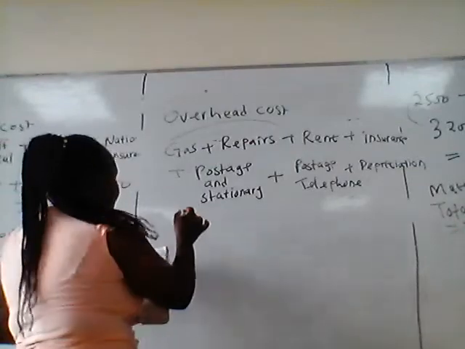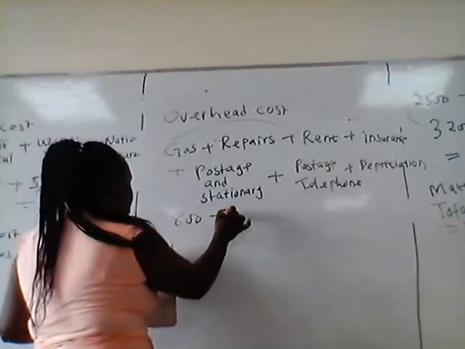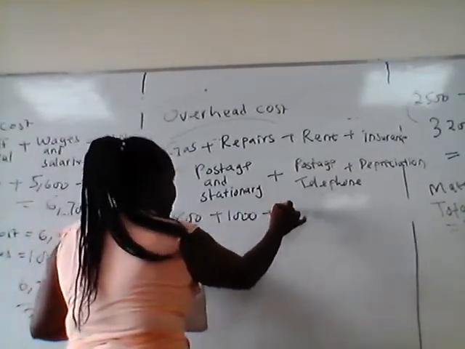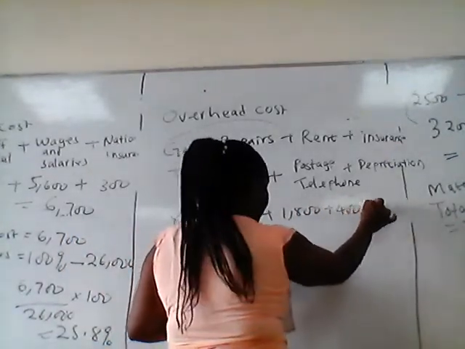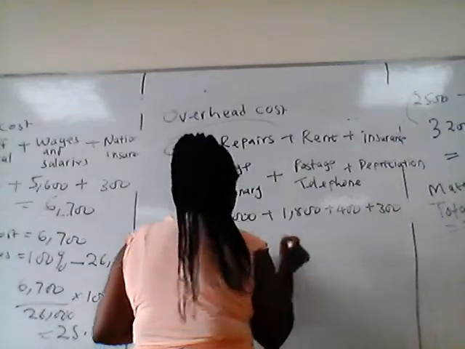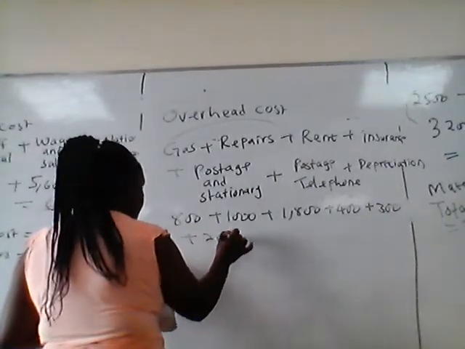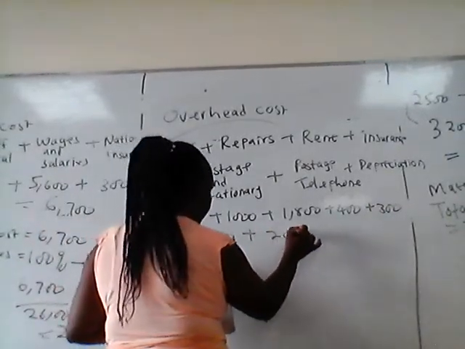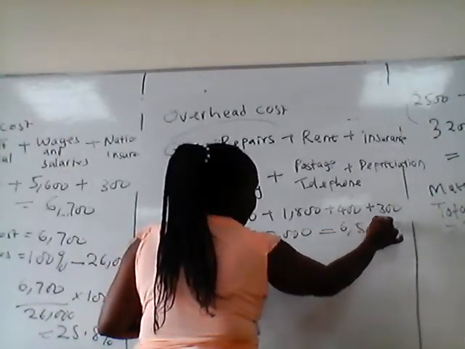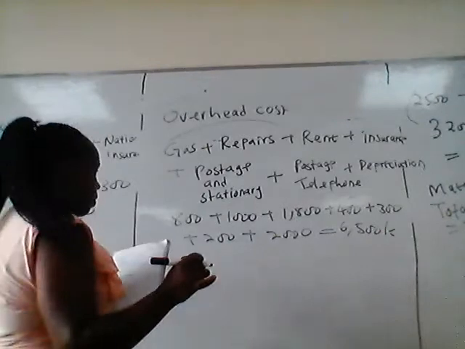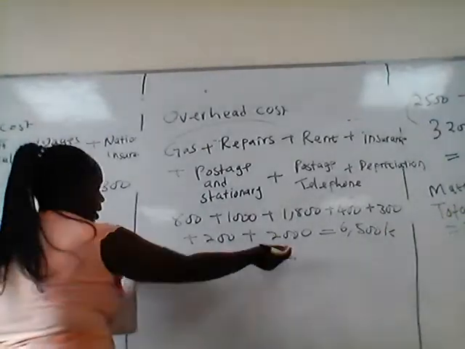So it will be 800 plus 1,000 plus 1,800 plus 400 plus 300 plus 200 plus 2,000. What do you get? 6,500 shillings. So that is the overhead cost.